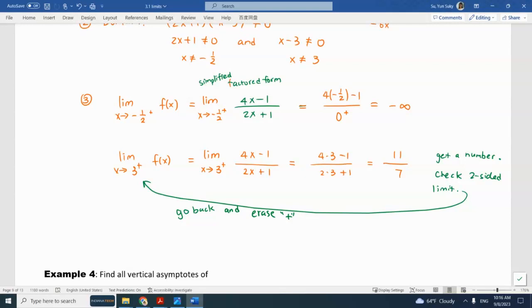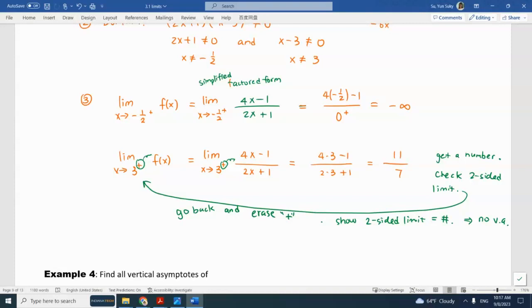Because if you show the two-sided limit equals a number, then you can say there is no vertical asymptote. Is that okay, everybody? In the exam, we just erase the plus sign. I just put it down here so you know we go back and erase.